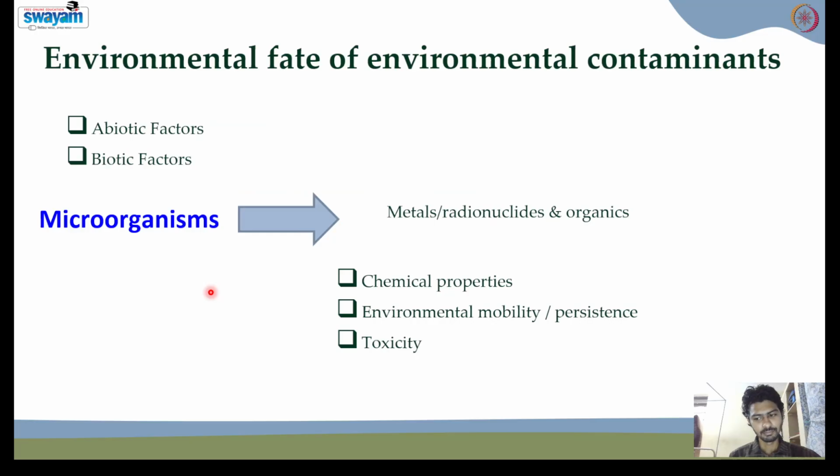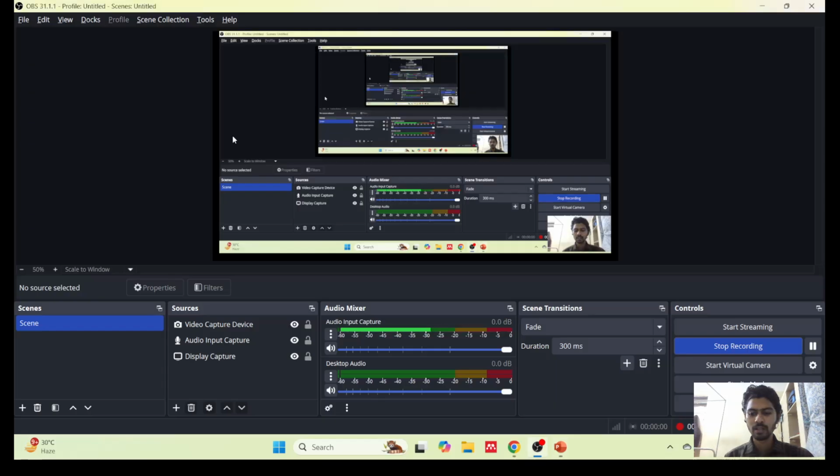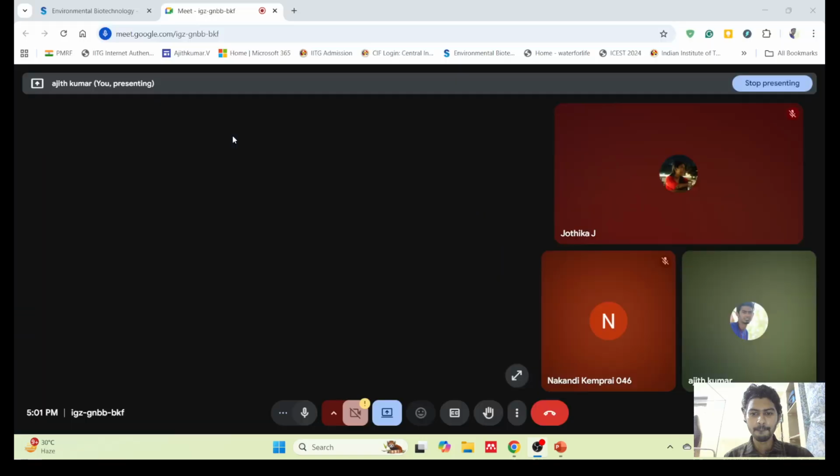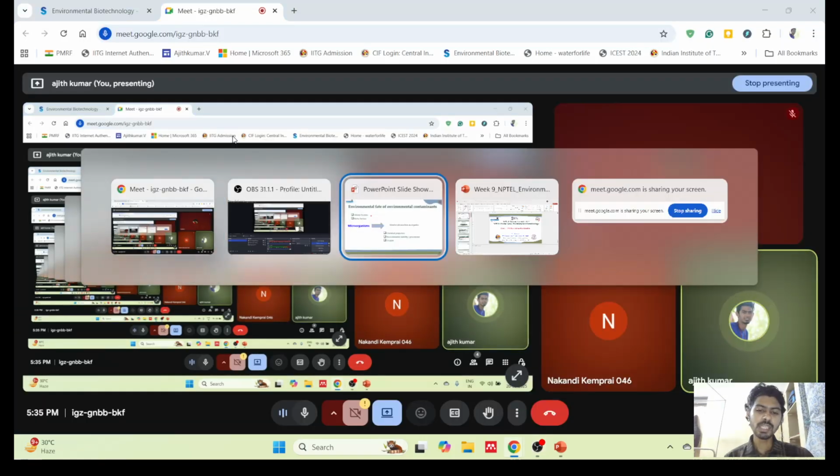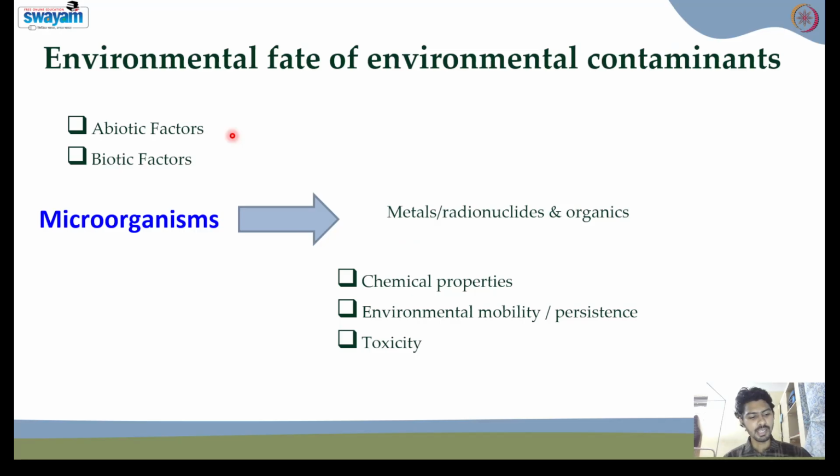And if you see the environmental fate of environmental contaminants, there are two major factors that govern it. One is abiotic factors, which we have already seen in the early lectures. Can you name any abiotic factors? Abiotic factors can be temperature, pH, or oxygen level, anything.